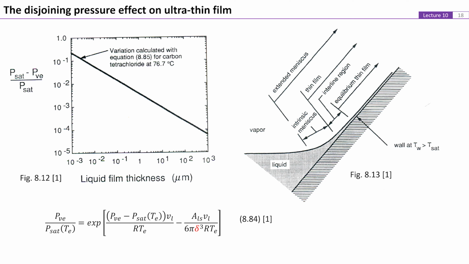To vaporize the liquid in the equilibrium thin film region, which is superheated due to the disjoining pressure effect, the wall temperature must be raised above equilibrium liquid temperature allowable for this ultra-thin film. More details about the disjoining pressure can be found in Chapter 3 of the textbook.